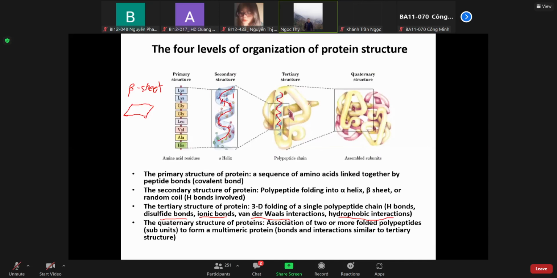And in some proteins, several subunits even combine together to form a more complex structure called the quaternary structure. For example, in hemoglobin here, we have four subunits combined together to form hemoglobin with the heme, which means the iron atom inside.